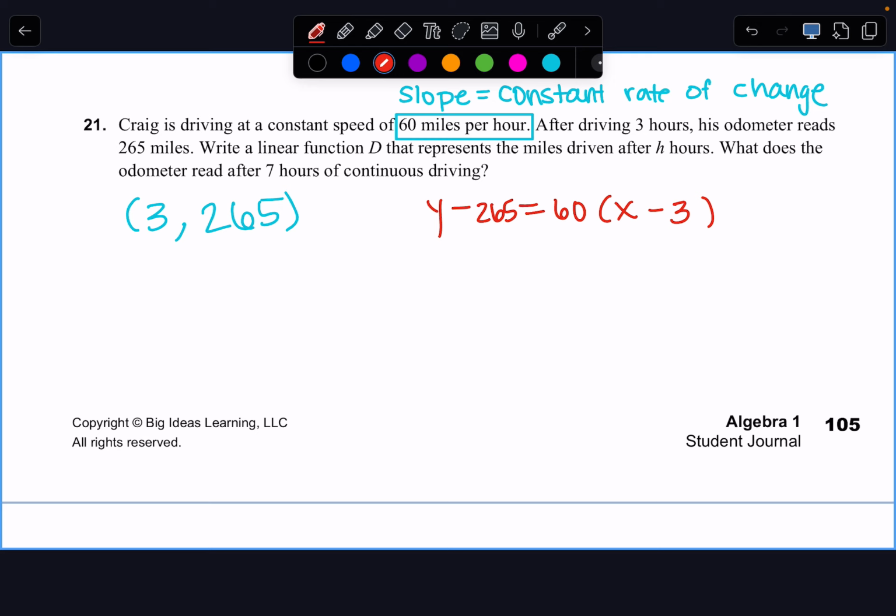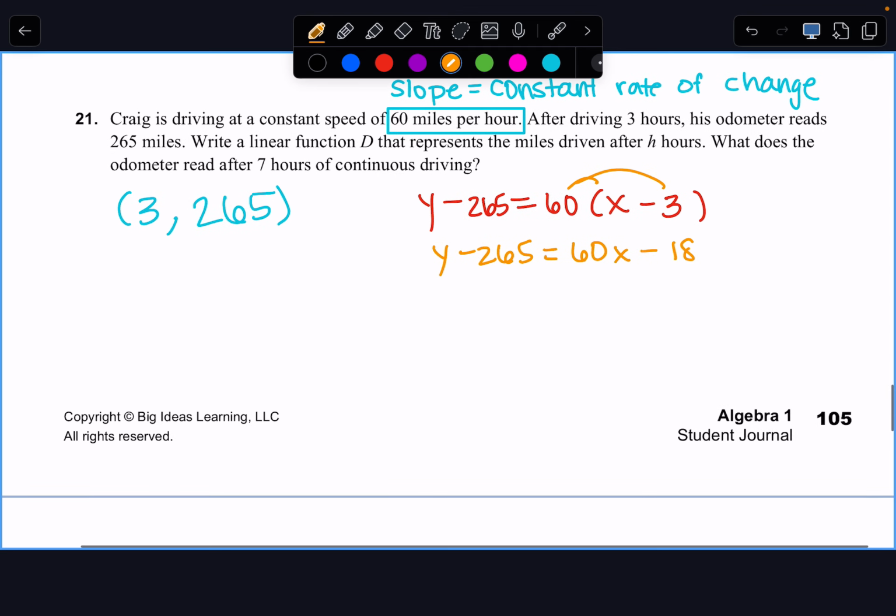Okay, so now let's do the math. If we multiply that through what we have, 60x minus 180. And then if we add 265, help me out. 85, like that.